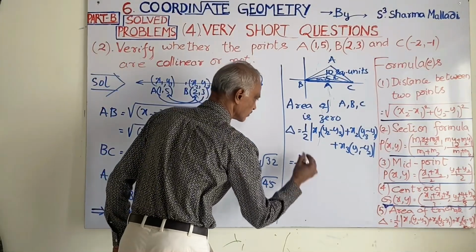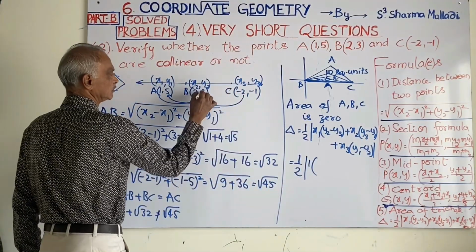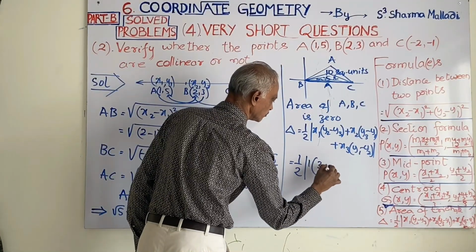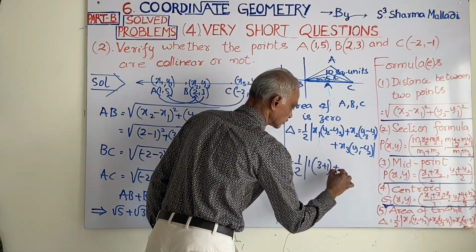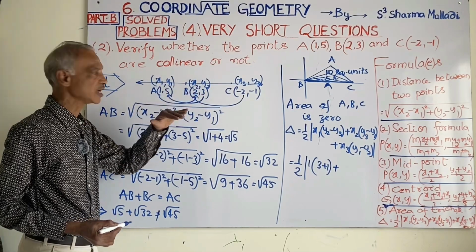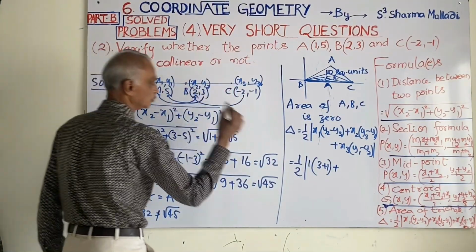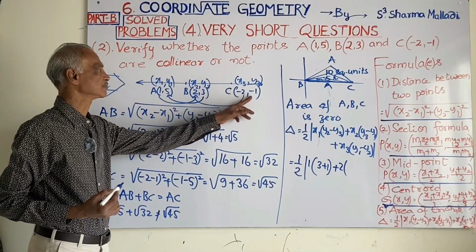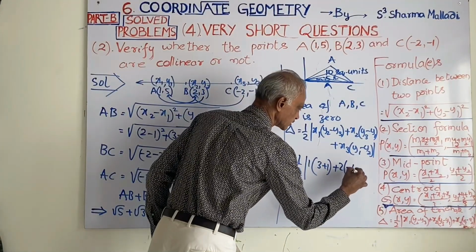Half into. What is x1 here? x1 is 1, into y2 minus y3, that is 3 minus of minus 1, which means 3 plus 1. Then x2, what is x2 here? 2 into y3 minus y1, that is minus 1 minus of minus 5, which means minus 6... wait, you will get minus 6.